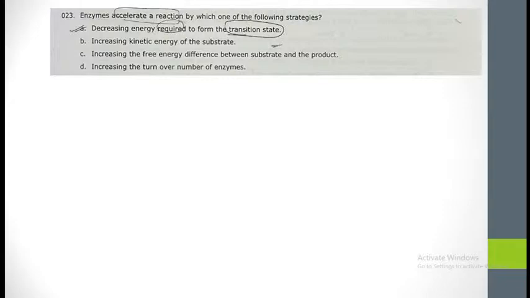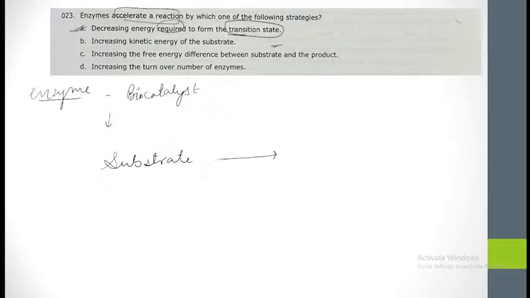What does this mean? Before this, what is an enzyme? An enzyme is a biocatalyst that helps to increase the rate of the reaction. How? By decreasing the energy that is needed by the substrate in order to reach a state where it can get converted into the product.